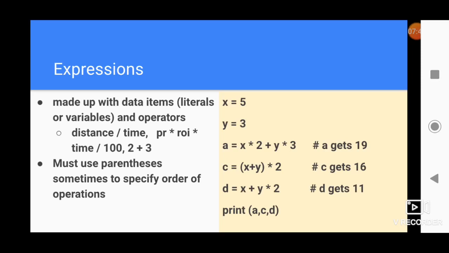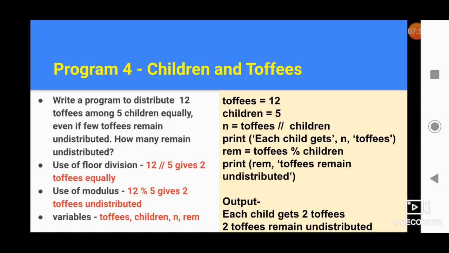When you perform some operation on data values or literals, you are creating an expression. Like in the previous example, in the third line we have created an expression, toffees floor division children, and in the fifth line another expression is created, toffees percentage symbol, which represents the modulus operator, children.